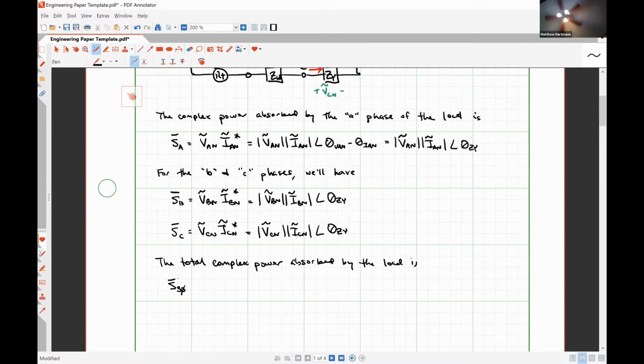It's just semantics at this point. But it's simply going to be 3 multiplied by what I'm going to call VP, which is the magnitude of the phase voltage, times IP, which is the magnitude of the phase current, angle theta Z, the angle of the impedance. So I'm just going to specifically put here that this is the magnitude of VAN, this is the magnitude of IAN.